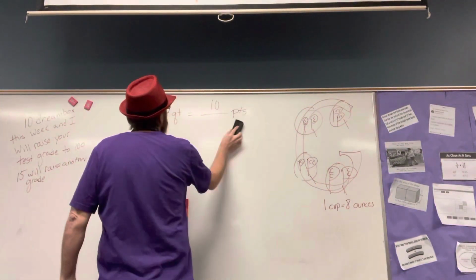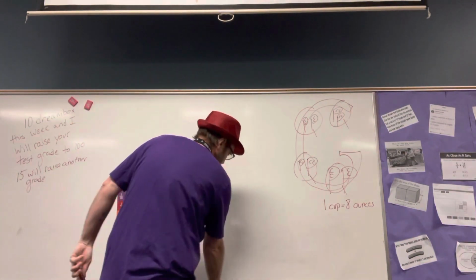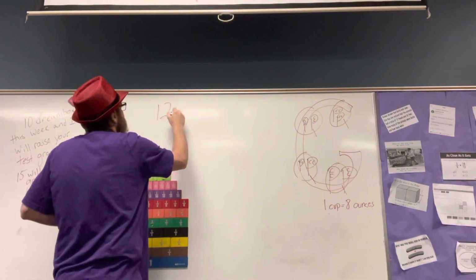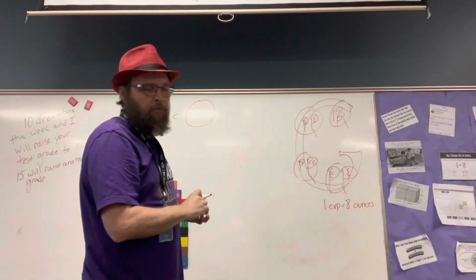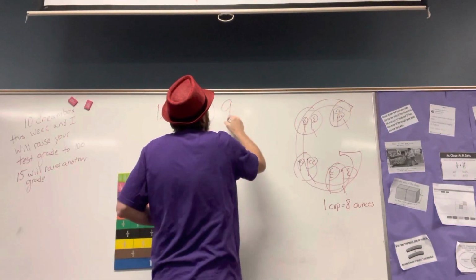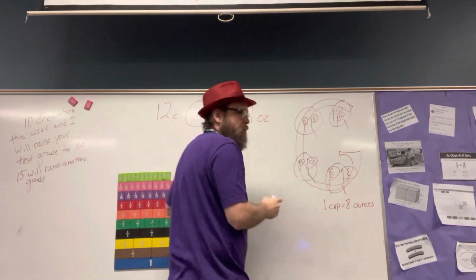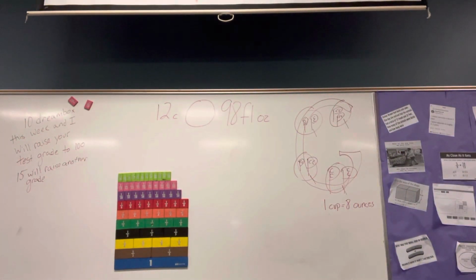Now we're going to do an inequality here where we do 12 cups, and we want to know less than, greater than, or equal to 98 fluid ounces. Anybody know why we put fluid ounces there? Lily, why don't we put fluid ounces?